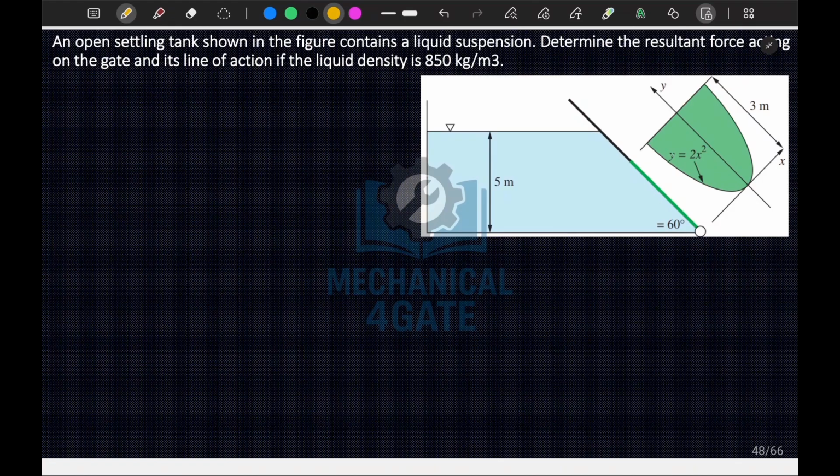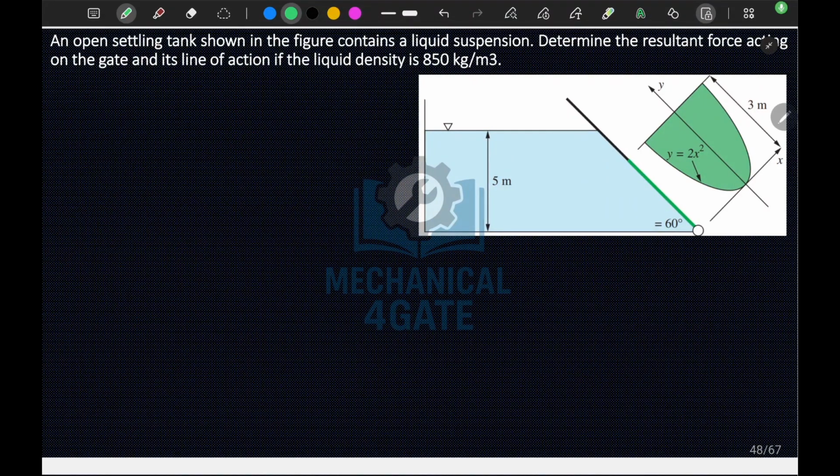Okay, but the gate here has a parabolic shape. Okay, so here we cannot use the direct formulas, because we don't know the area and moment of inertia for this parabola. Okay, so let's name these points: this point to be A, this point to be B, and this point here to be C. Okay, so from B to C is our parabolic gate.